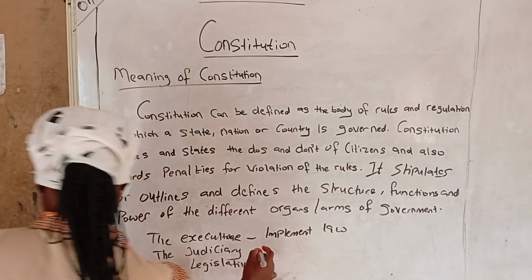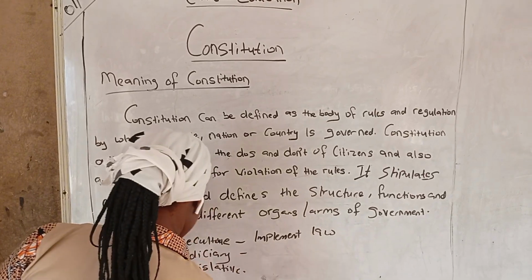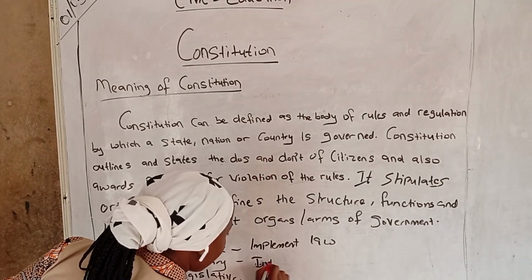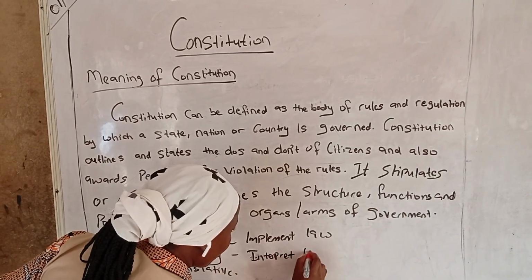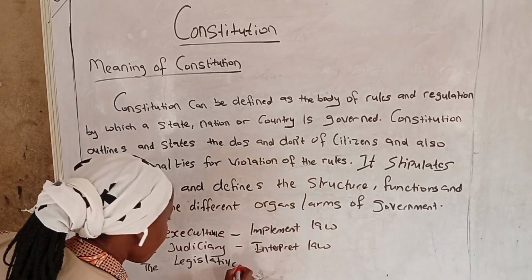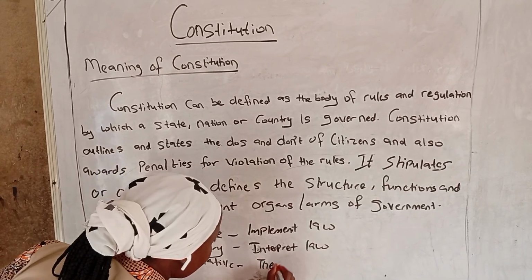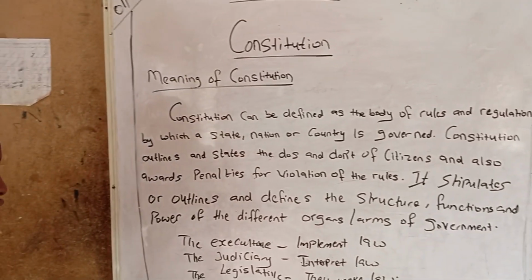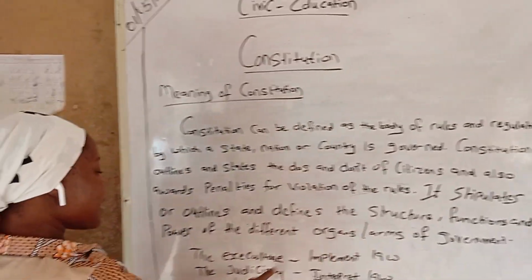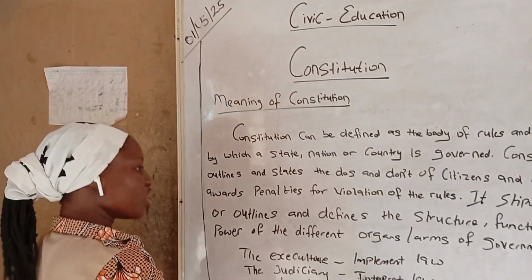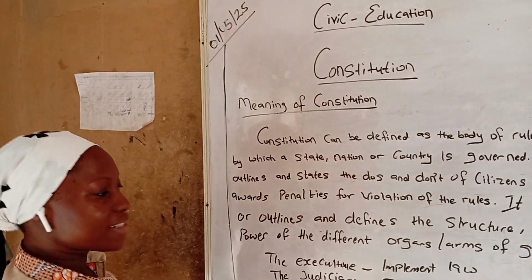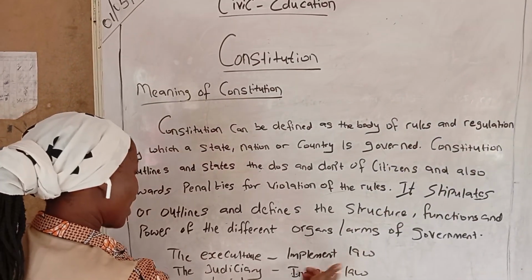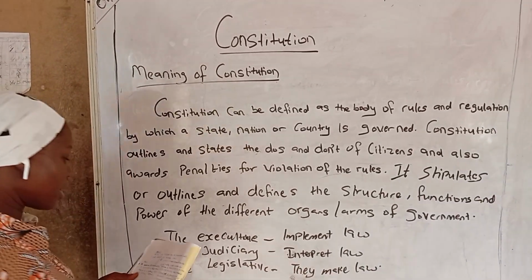The function of the judiciary is to interpret law, and the last one, the legislature, makes law. So the Constitution is the one that stipulates and outlines the organs of government, their functions, their power, and their structure. Executive implements law, judiciary interprets law, and legislature makes law.